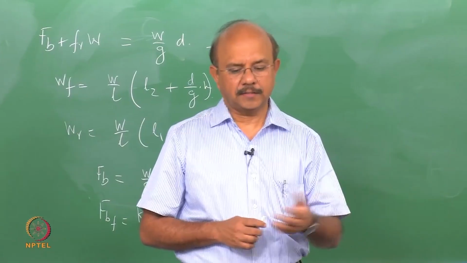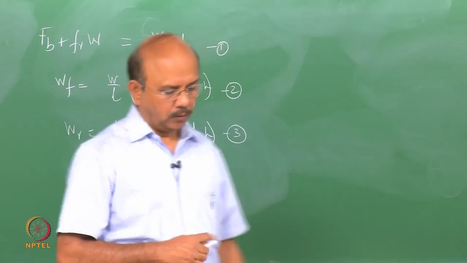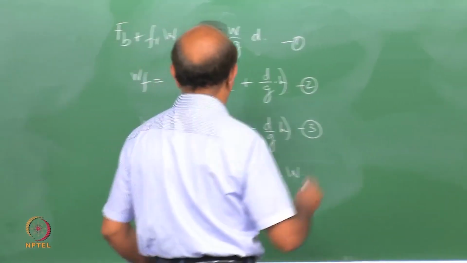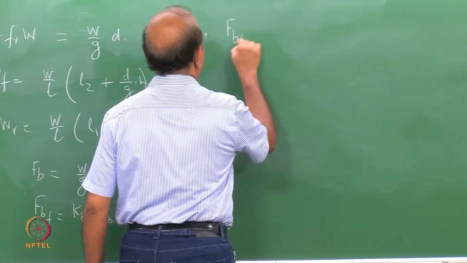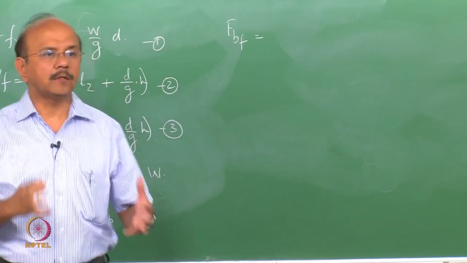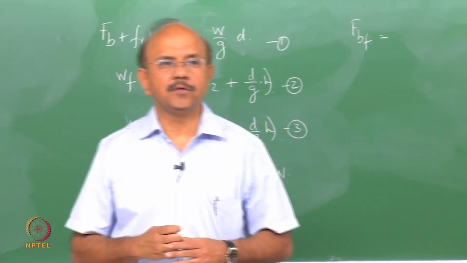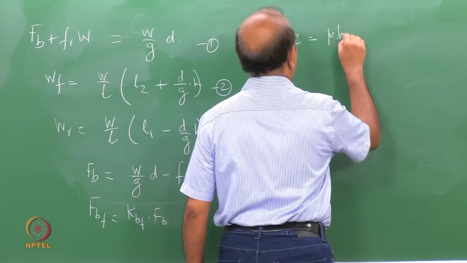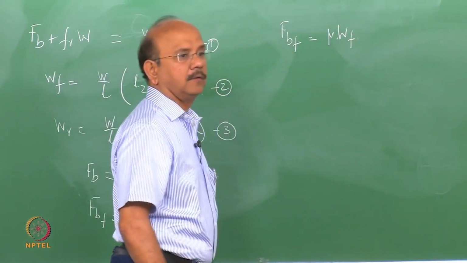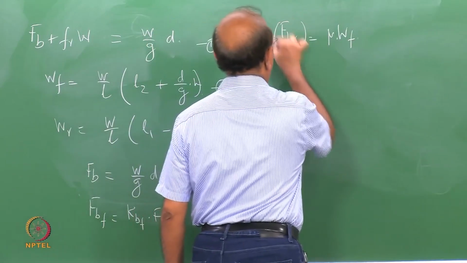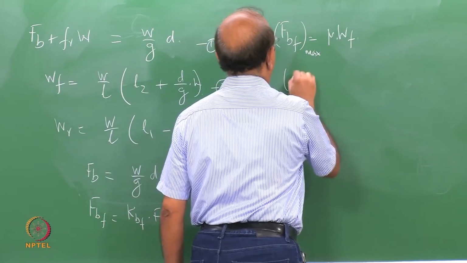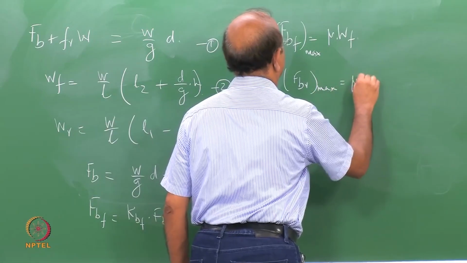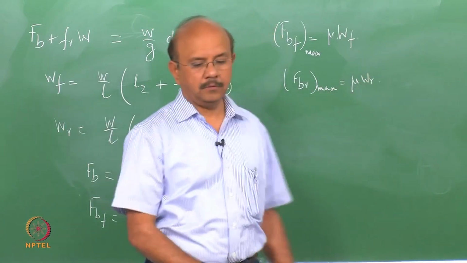Which is 1 minus KBF into W and so on. I also know that FBF will lock, that is the front force maximum, is equal to mu into WF. Okay, the maximum before it locks is that, and FBR is mu into WR.